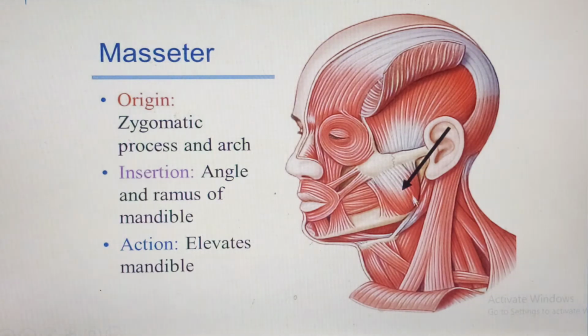Having two sets of fibers, we have superficial fibers, which will be coming from the temporal process of the zygomatic bone, while the deep fibers will be coming from the zygomatic process of the temporal bone. But both of them insert in the ramus and, of course, the angle of the mandible. That is why upon contraction, it will be moving the insertion point. Very important as far as elevation of the mandible, moving the mandible against gravity.